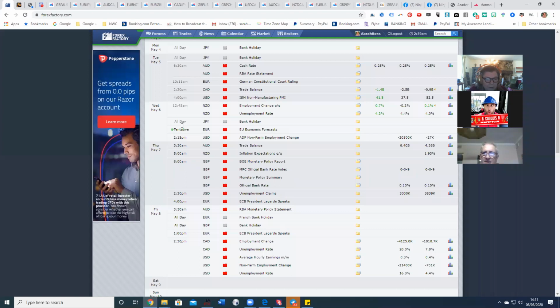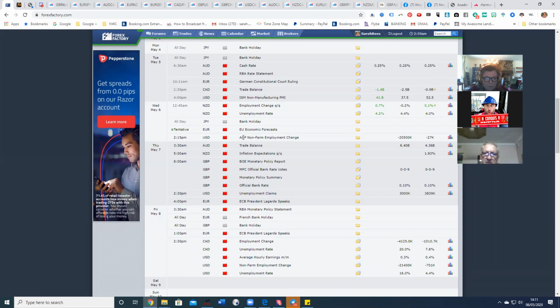So check your Forex Factory, and today obviously is Wednesday. Tentative euro forecast, Japanese bank holiday, New Zealand red flag, which was just past midnight, and then ADP non-farm employment change. That is not as big as the non-farm employment change on Friday.